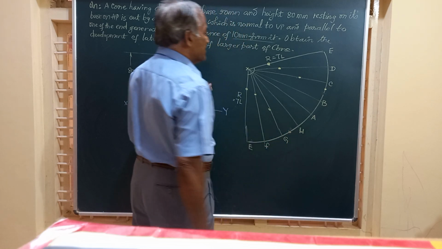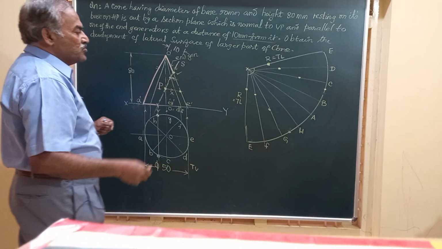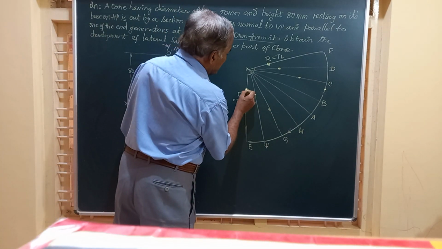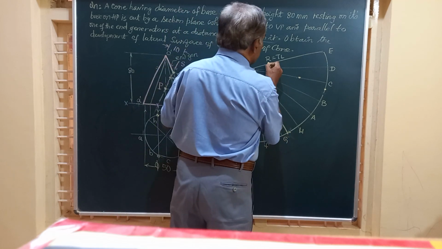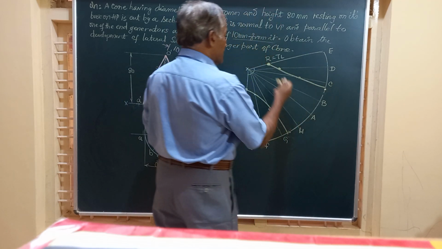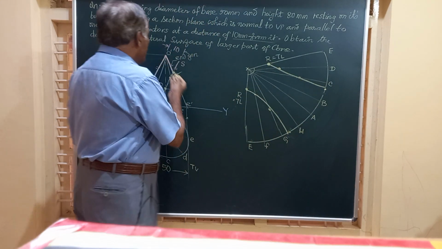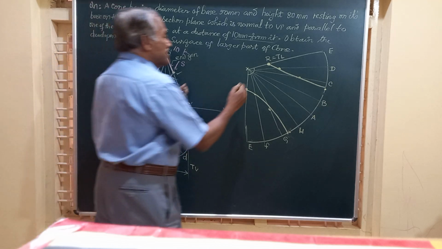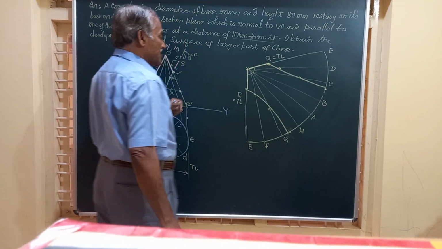Friends, join all these points by a smooth continuous curve. So I am going to join this like this, and again this. These two curves will have the same curvature, and the portion above that is retained. So this I am going to show by dark line, this by dark line.